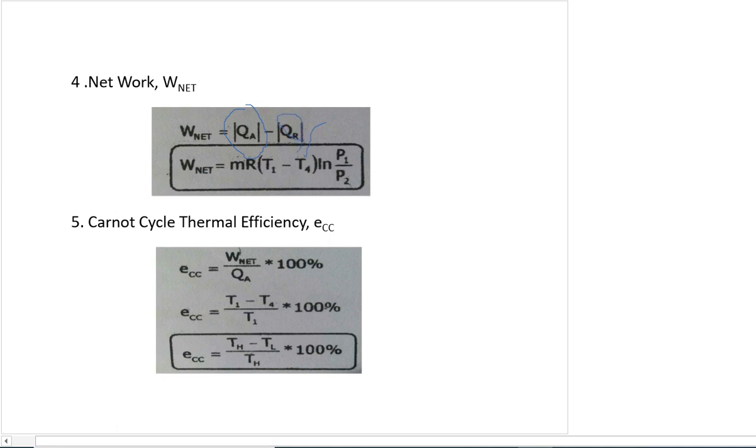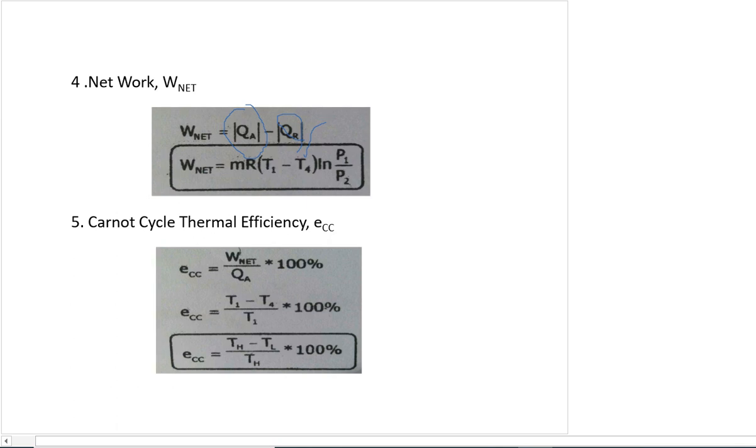So, yung malinis dyan, yung natira dyan, yun yung matatawag natin na work net or yung kabuuan or yung useful work. So, sa equation, substitute kanina sa mga value ng QA at QR, ito po yung magagawa na formula.